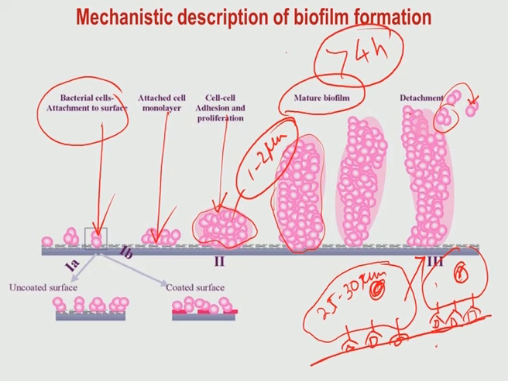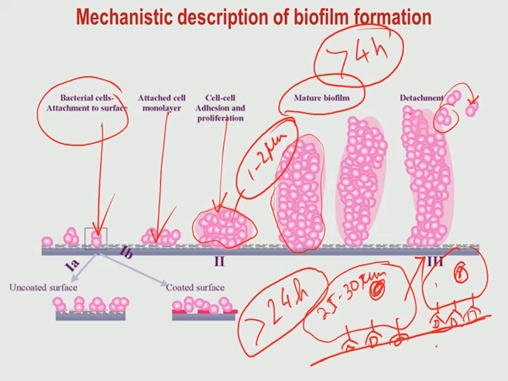Now, after 4 hours of culture in the case of eukaryotic cells, you will not be able to see many cells on the material substrate, because mostly the culture period for eukaryotic cells is greater than 24 hours. So, 24 hours is the minimum culture period, and in some of the faster growing cells you can see 24 to 48 hours, but with some of the slower growing cells you start seeing the cells on a material substrate only after 48 hours, and then you have to grow the cells for a much longer time period.